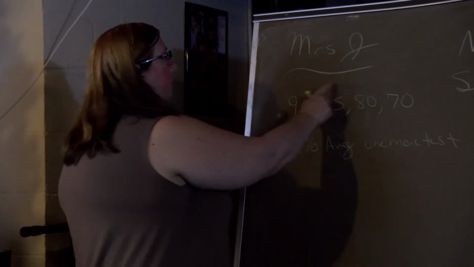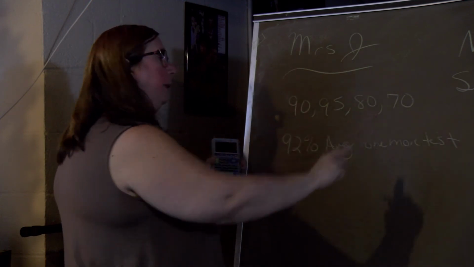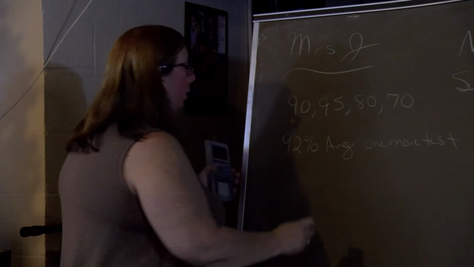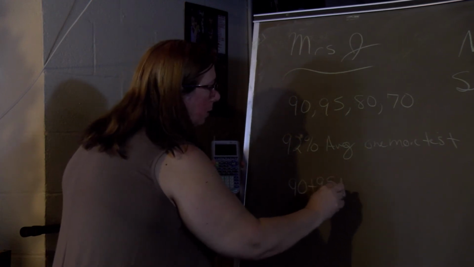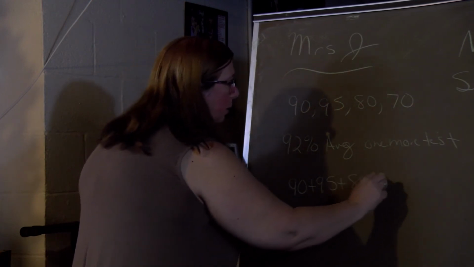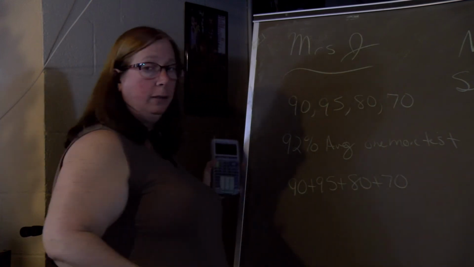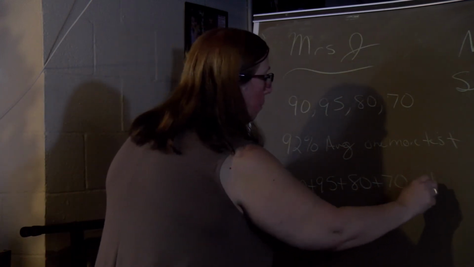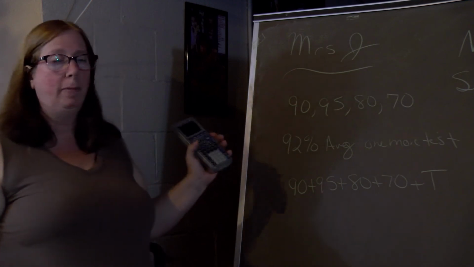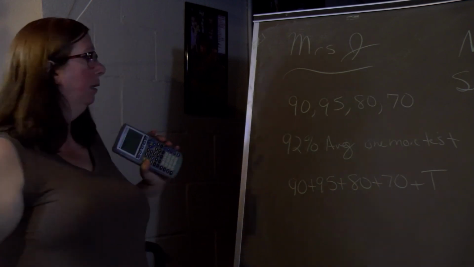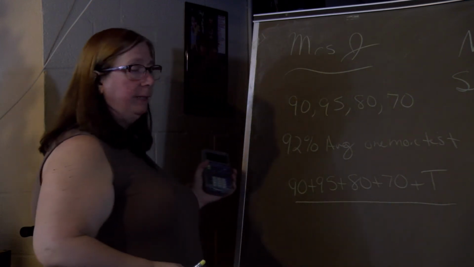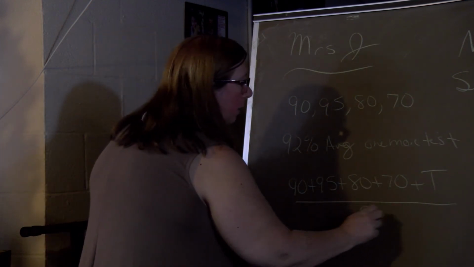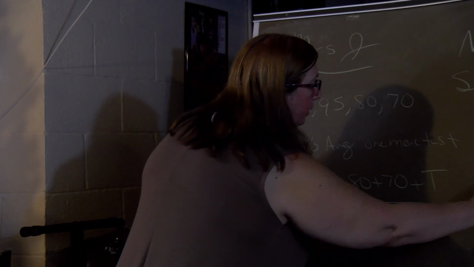Well, the first thing we need to do is add all of them up and divide by how many there are. So when we add up our tests, we're missing one. That's the one we haven't taken yet. So when we're dividing, we're actually dividing by 5 tests, and we want a 92%.